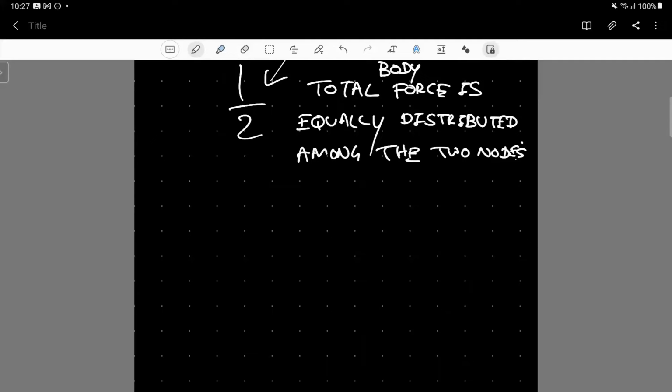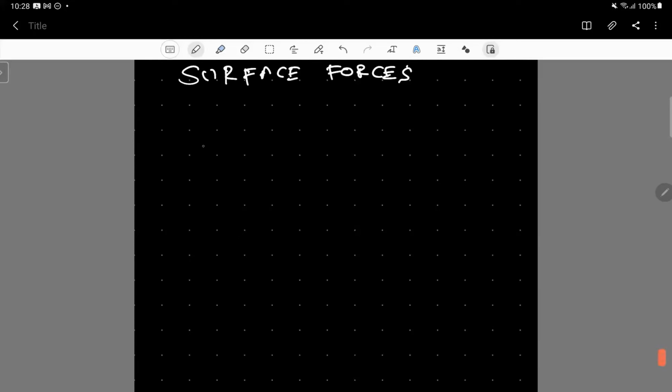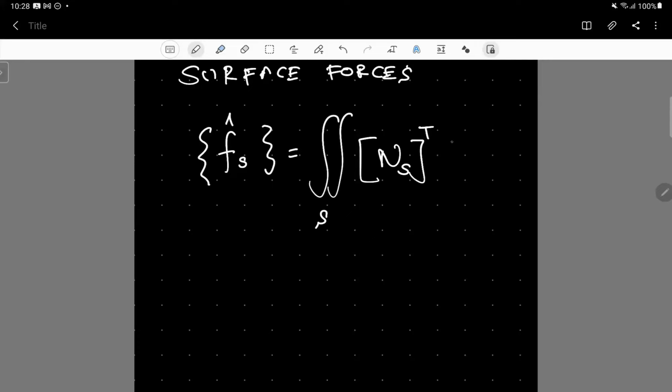When we talk in terms of surface forces such as traction forces, we used the following equation to express the surface force matrix. We have to perform a double integral over the surface, of course multiplied with the shape functions and the forces per unit length times ds.